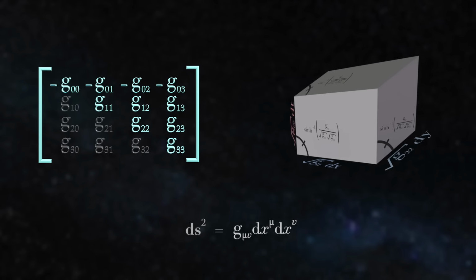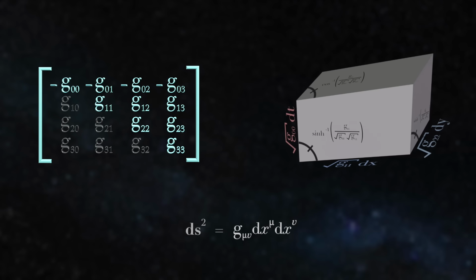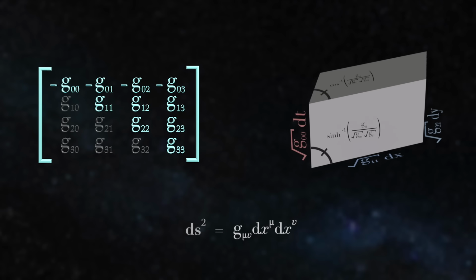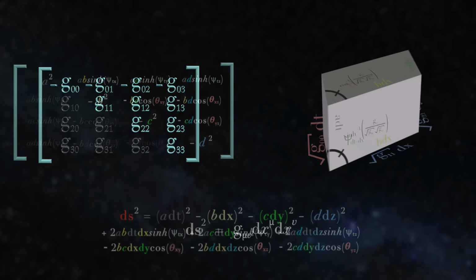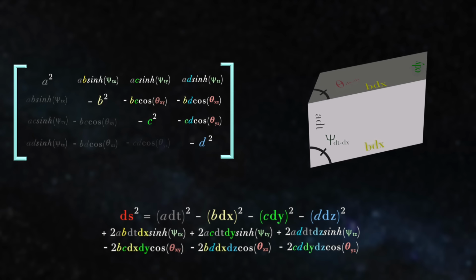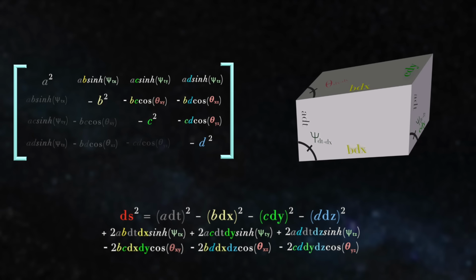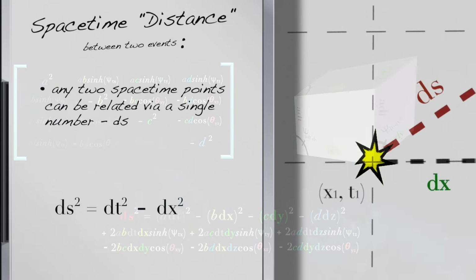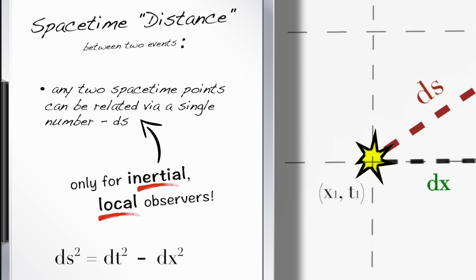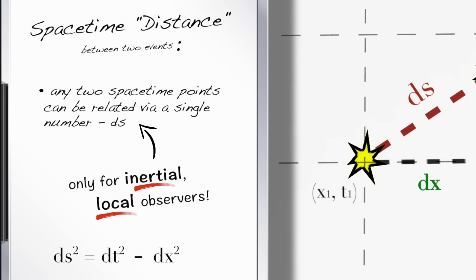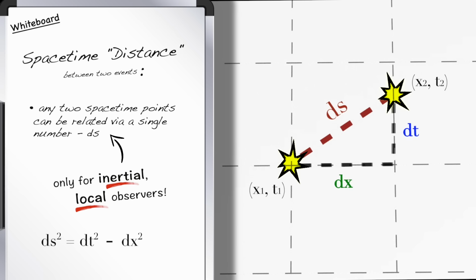So at last, we have a fully geometric interpretation of the spacetime metric. And indeed, it's this geometric resizing of infinitesimal pieces that allows us, finally, to resolve the problem of determining the spacetime distance on a spacetime map.